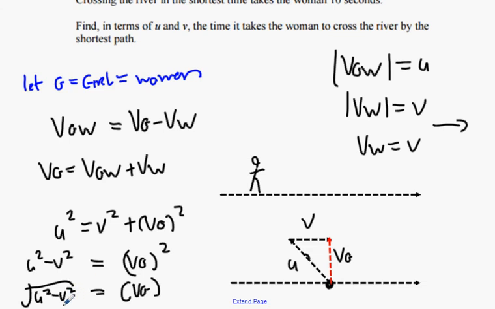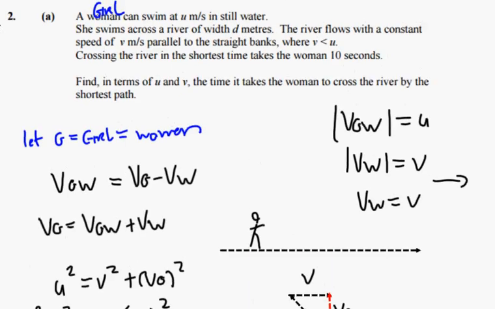The reason for that is it wants you to find, in terms of u and v, the time it takes for the woman to cross the river by the shortest path. It wants me to find the time taken in terms of u and v. So this is quite easy now.